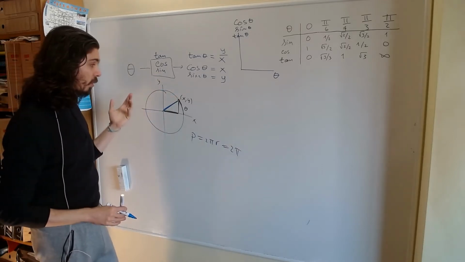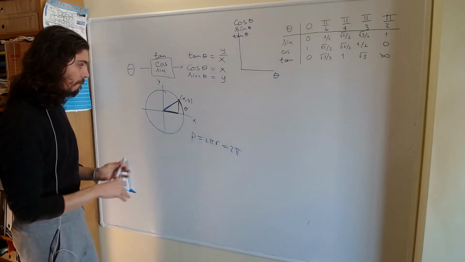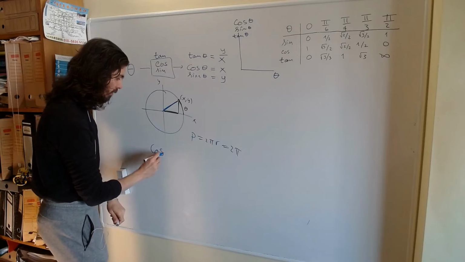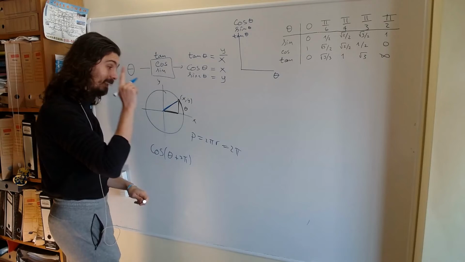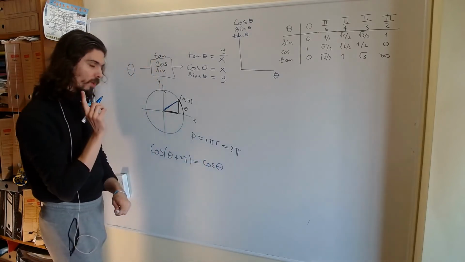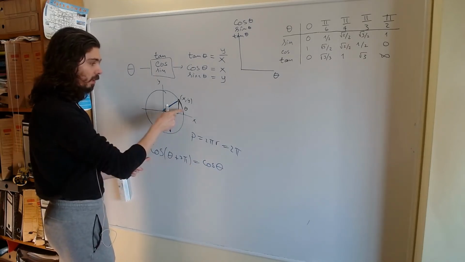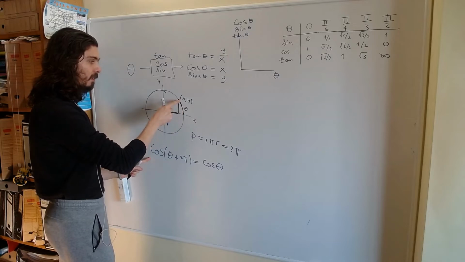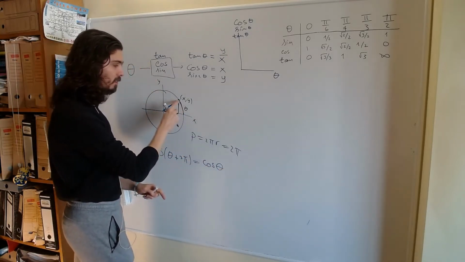And so what's the x-coordinate associated with this point? Well, it's again x. Okay? That means that cosine of theta plus 2 pi is the same thing as the cosine of theta. Or in other words, the x-coordinate of a point at the tip of the angle theta plus 2 pi is the same as the x-coordinate of the point at the tip of theta.